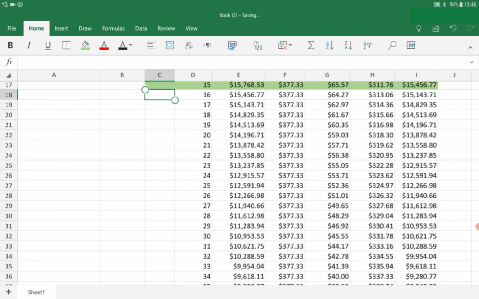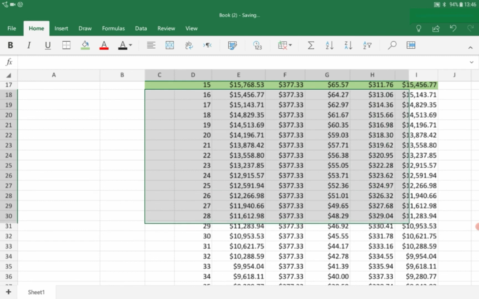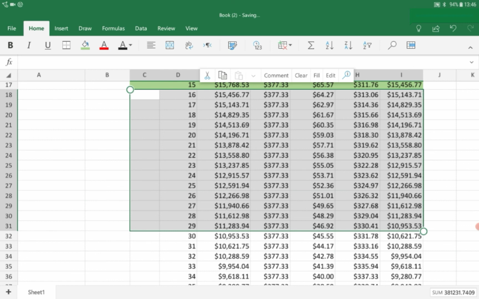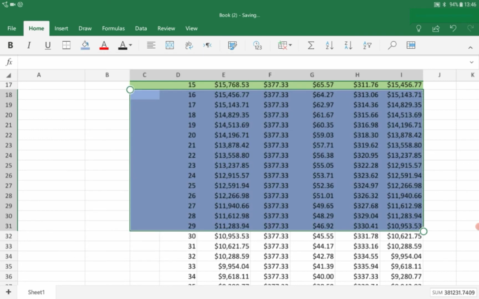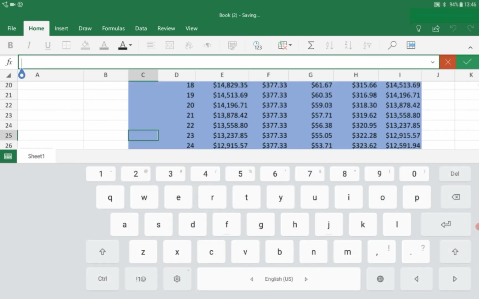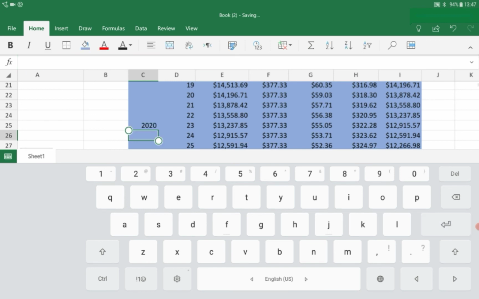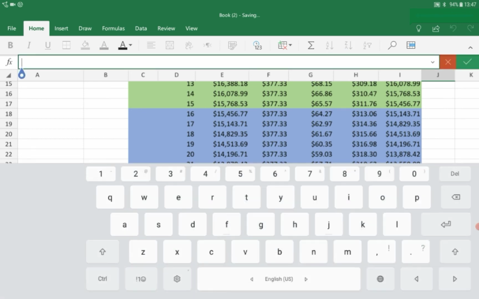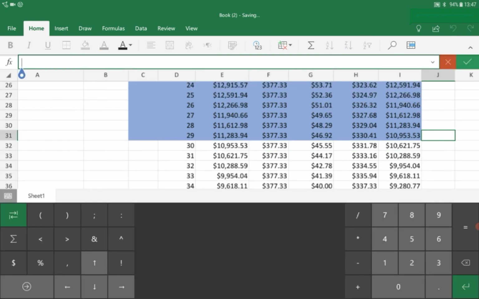And the next 12 rows are from year 2020. In this cell, I'm going to compute the sum of all the interest payments made in 2020.